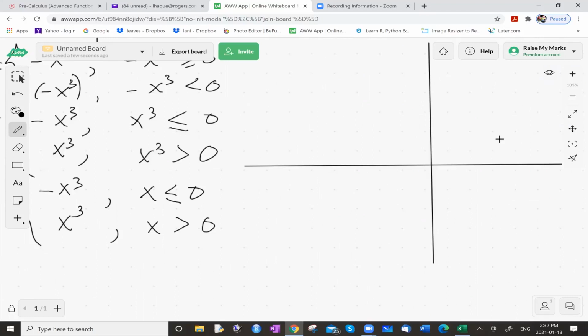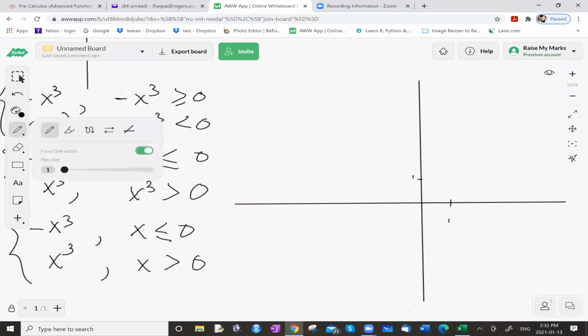When x is greater than 0, we have x cubed. Let's put a couple of points in. So I'm going to pick easy ones. So when x is 1, our function equals 1. When x is 0, our function equals 0. When x equals 2, our function equals 8. So I think that's enough points.